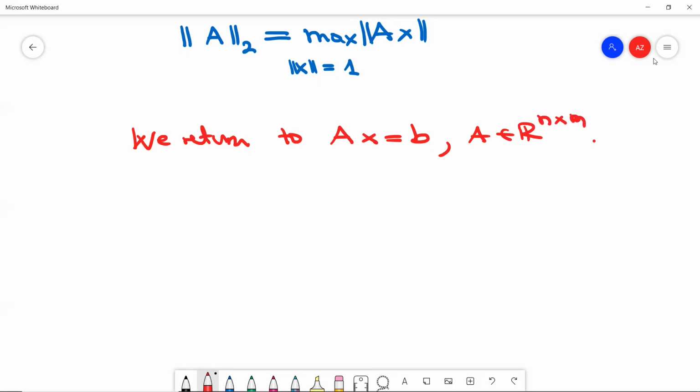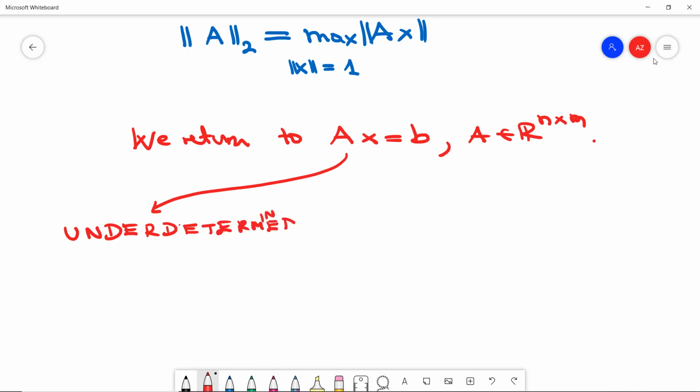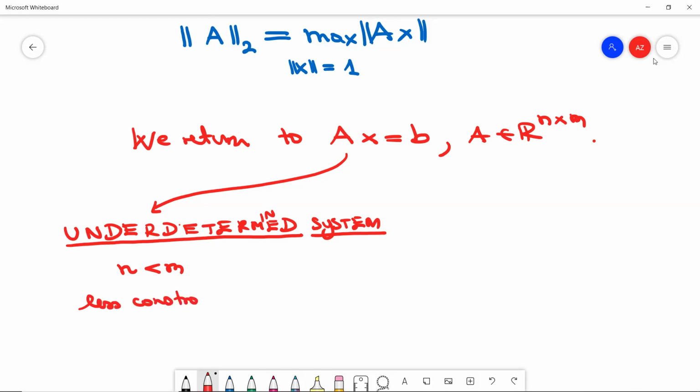And there are two possibilities. One possibility is that n is smaller than m, and the other is that n is bigger than m. In the first case, we are talking about an underdetermined system. So n here is smaller than m, which means that we have fewer constraints than variables.